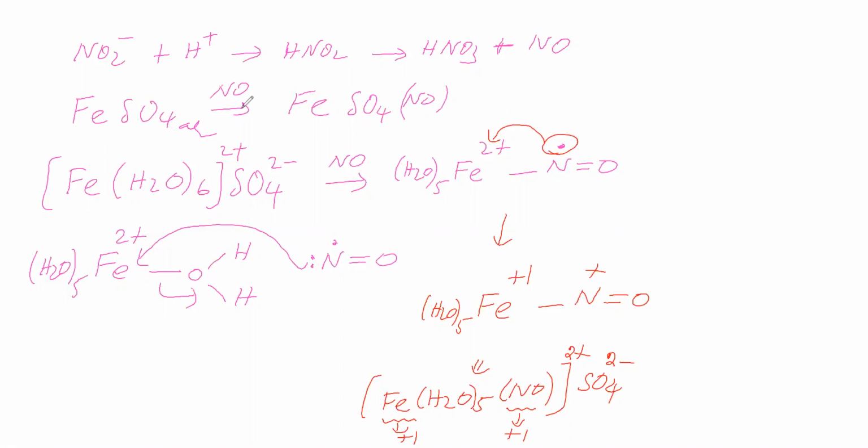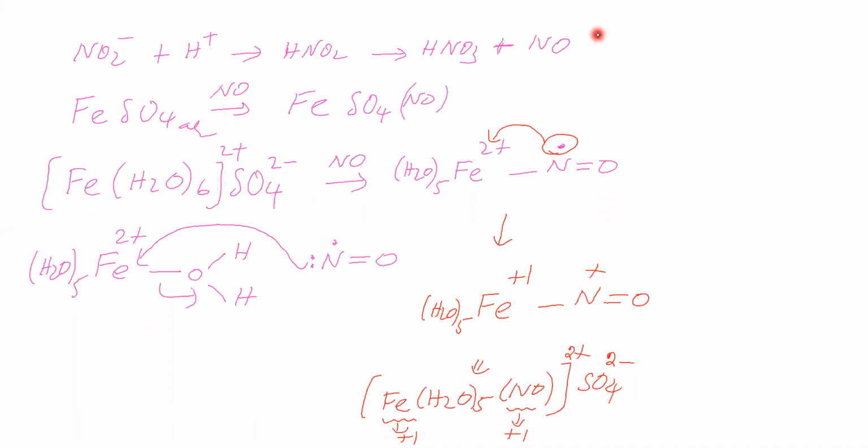FeSO4 solution with the nitric oxide gives FeSO4·NO, actually in the form of a complex. Now this aqueous Fe2+ is Fe(H2O)6 2+ with sulfate. One water molecule is replaced by NO, so you are getting Fe(H2O)5NO SO4. This complex present in the resultant solution gives a dark brown or black coloration.